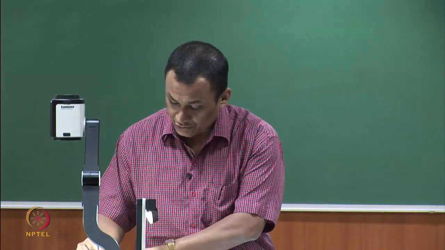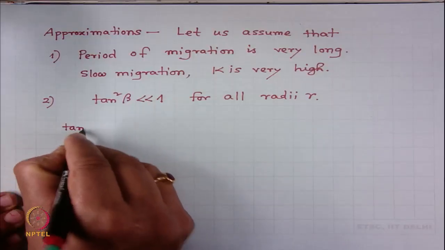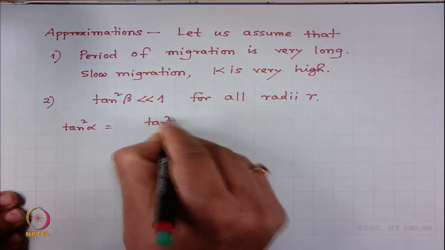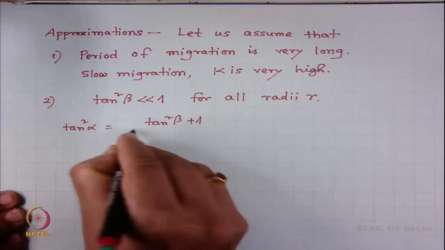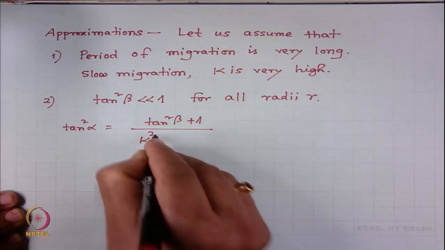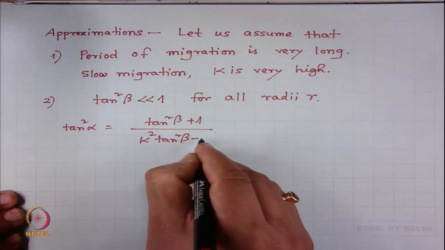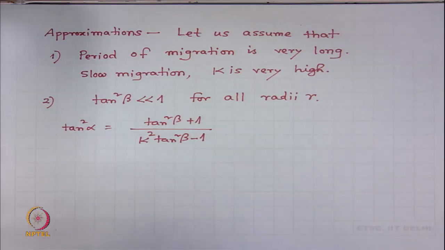So, we come back to the original fundamental equation, tan square alpha is equal to tan square beta plus 1 over k square tan square beta minus 1. Tan square beta plus 1 is sec square beta. Sec square beta is 1 by cos square beta.